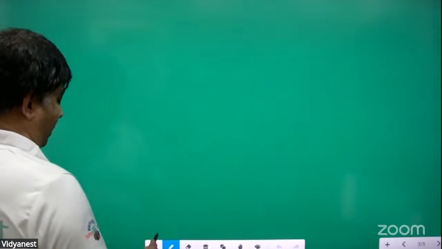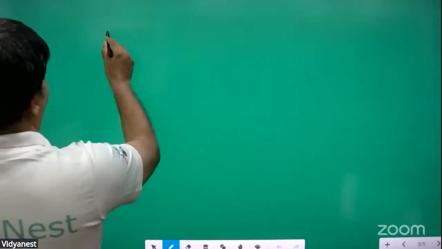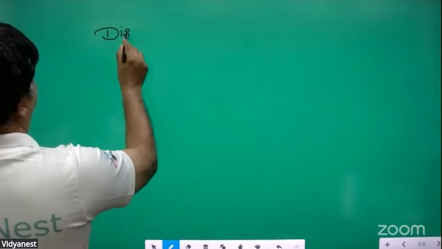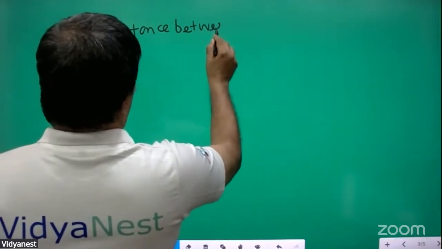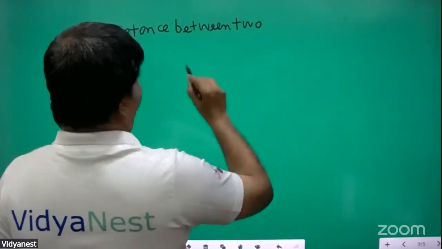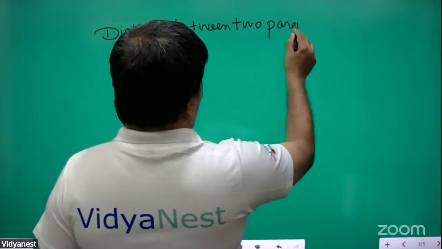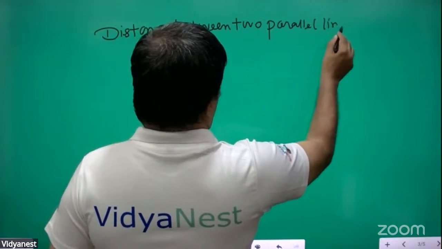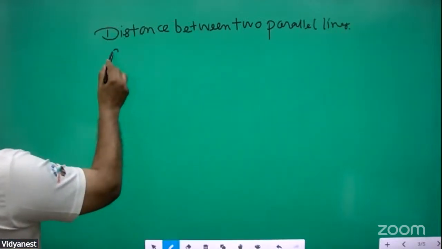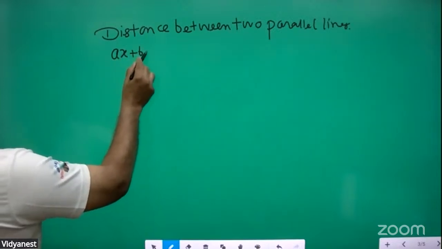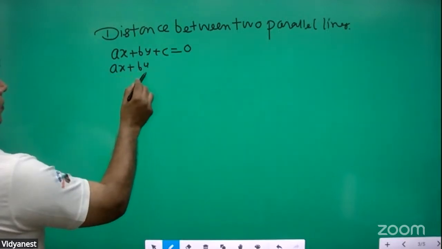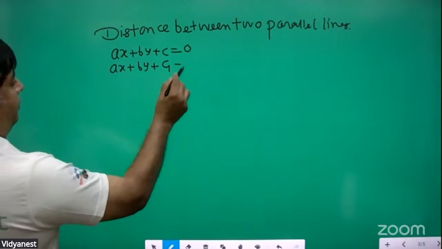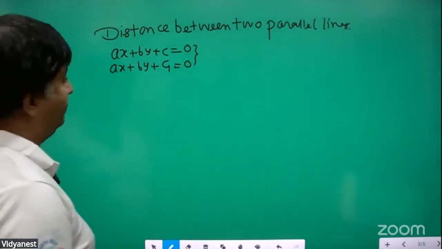See, distance between two parallel lines. Suppose one line is given ax plus by plus c is equal to 0. Another line, a and b will remain the same. They will differ by c1.